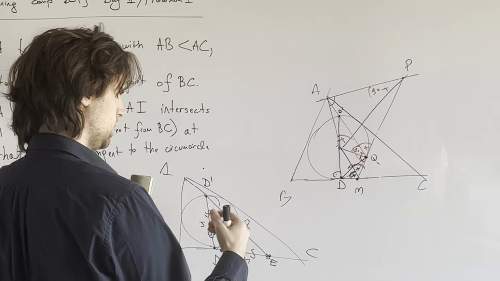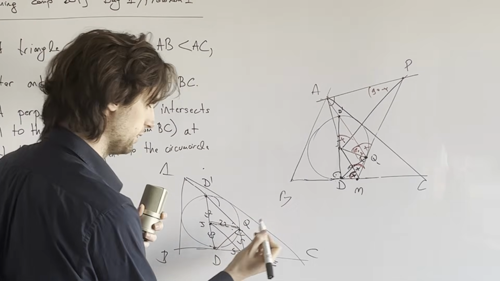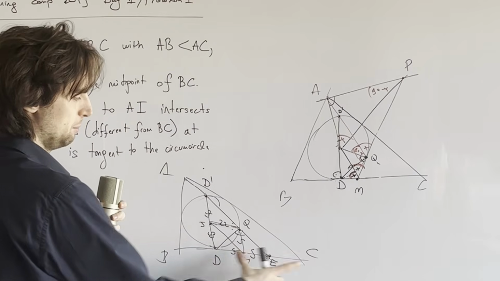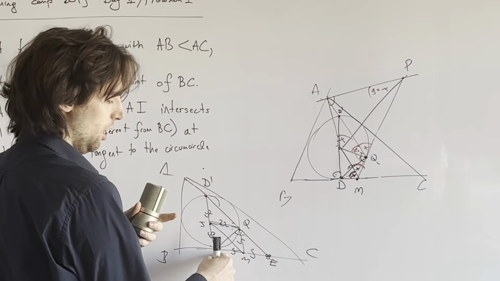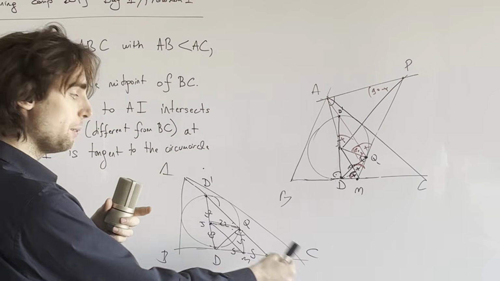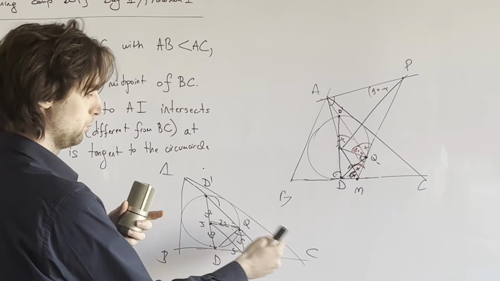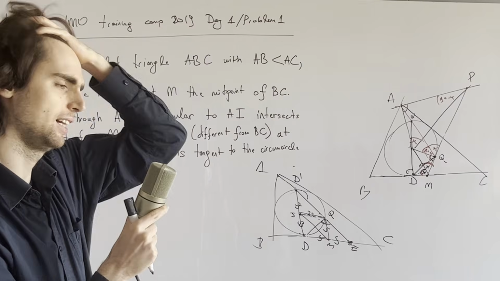Now, if this were 90, that would make a lot of sense because I have a 90-degree angle here, and then this would be equal to this because M is the midpoint of BC, and if E is the reflection of D with respect to M, this is equal to this, and this gives us a 90-degree angle, everything's fine and nice.